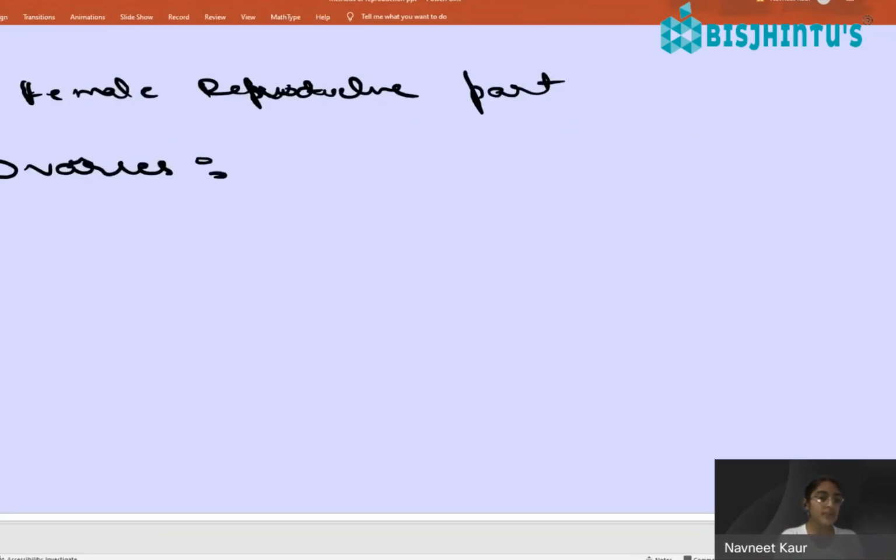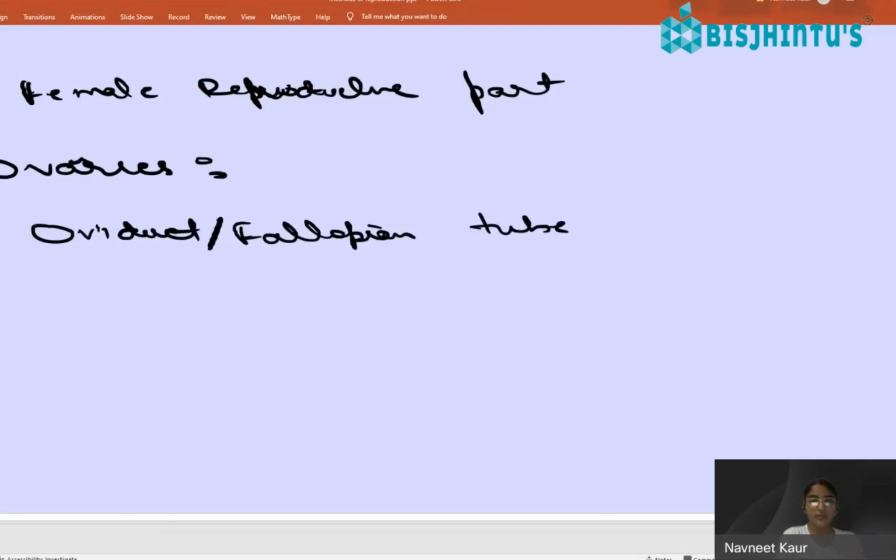The second part we have read is the oviduct, or we also call it the fallopian tube, which is then connected to the uterus. After the uterus, we have the cervix, and then we have the vagina.